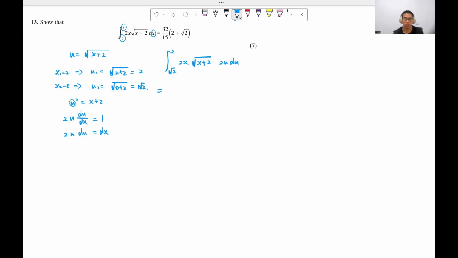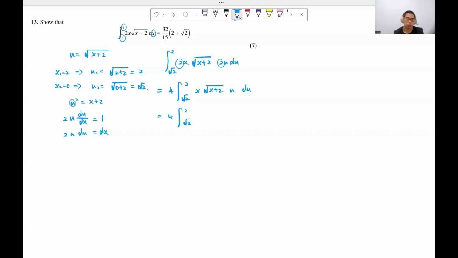For this one, there's not much we can simplify. But 2 times 2 is 4, so I can take 4 outside. So that'll be 4, integral from root 2 to 2, x times root x plus 2, and then times u du. So now I need to change everything in terms of u.